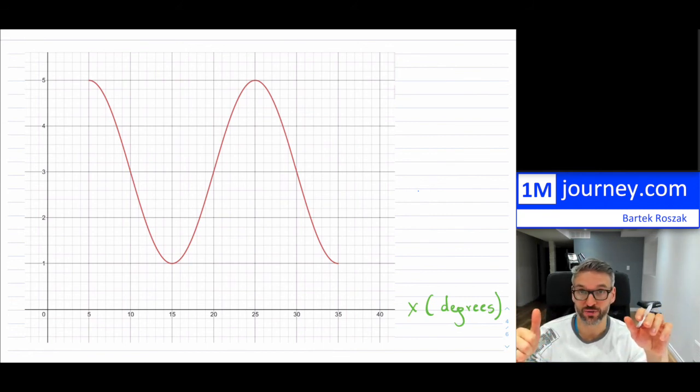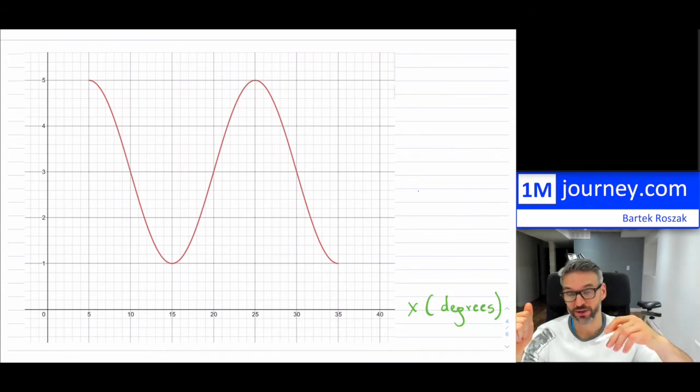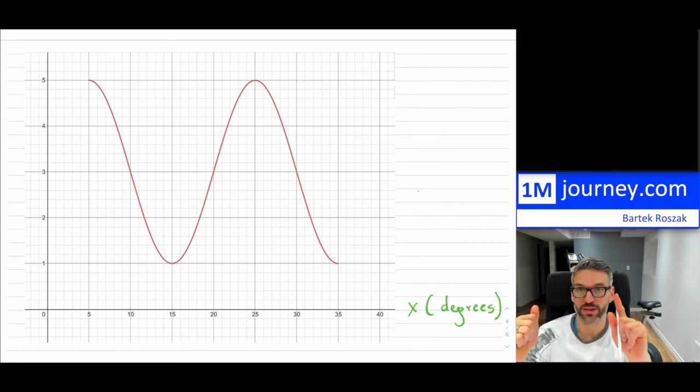The amplitude should be unique. Your compression or stretch should be unique. Your shift up and down is unique, but your shift left to right is not unique, because it depends on where you assume you're starting your period. Keep that in mind.